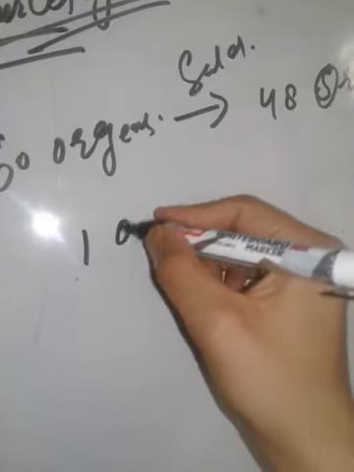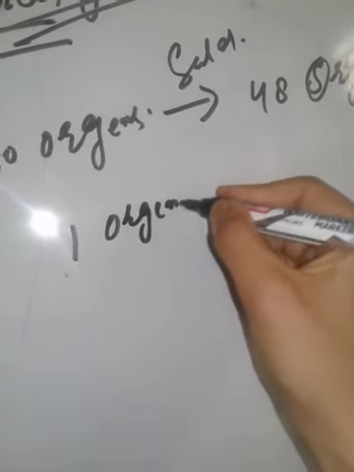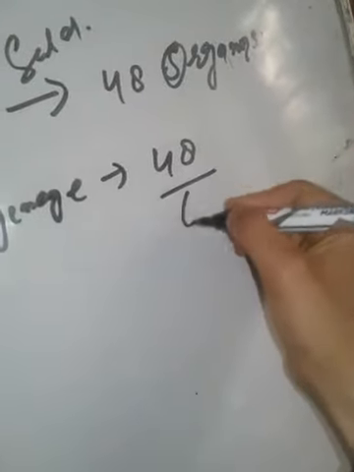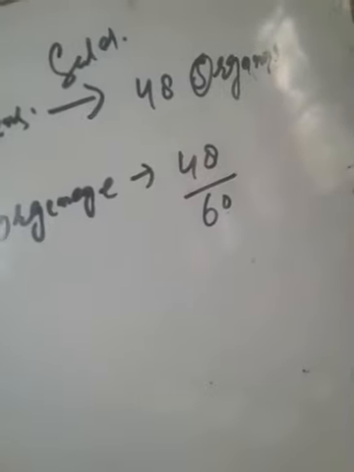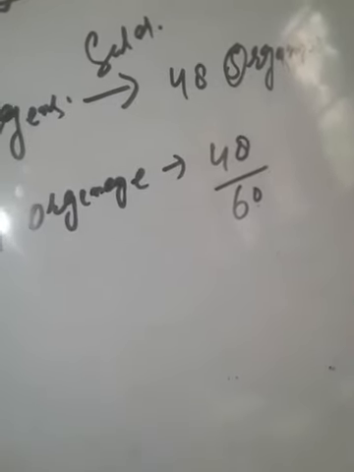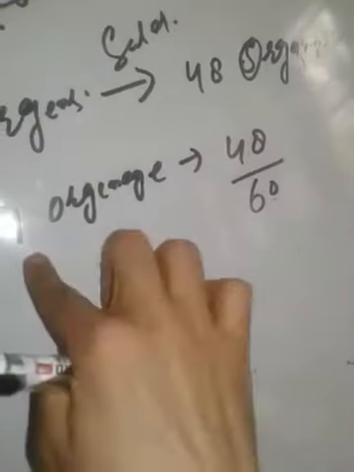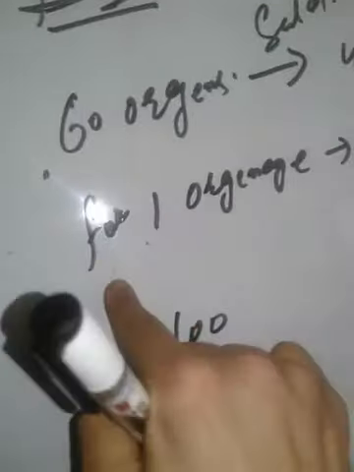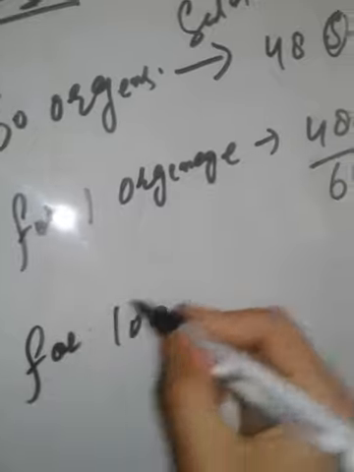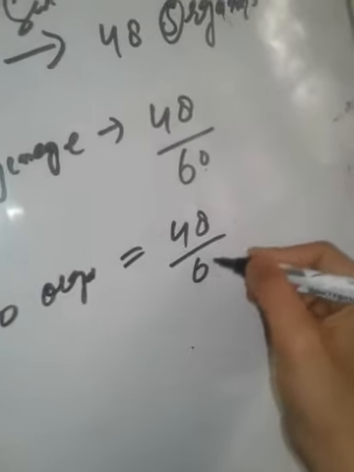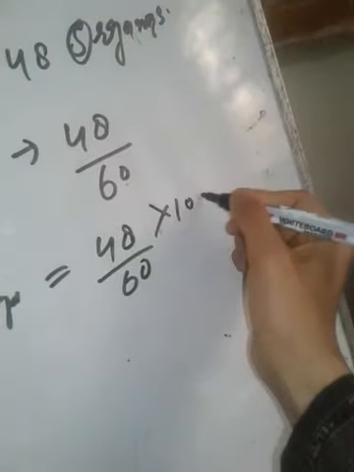For one orange, he would have sold 48 divided by 60. So if he had 100 oranges, we multiply by 100. This equals 48 divided by 60 into 100.